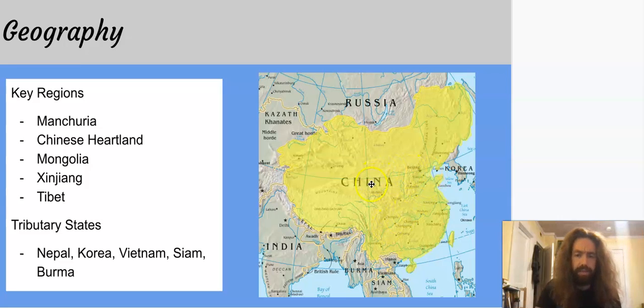The Chinese heartland, encompassing the drainages of the Yellow and the Yangtze River, one of the most densely populated regions of the world, comes under the control of the Qing Dynasty.